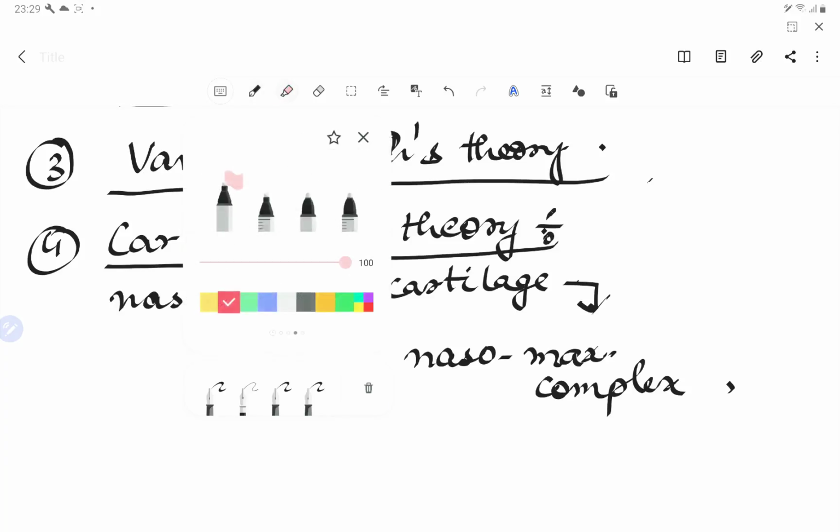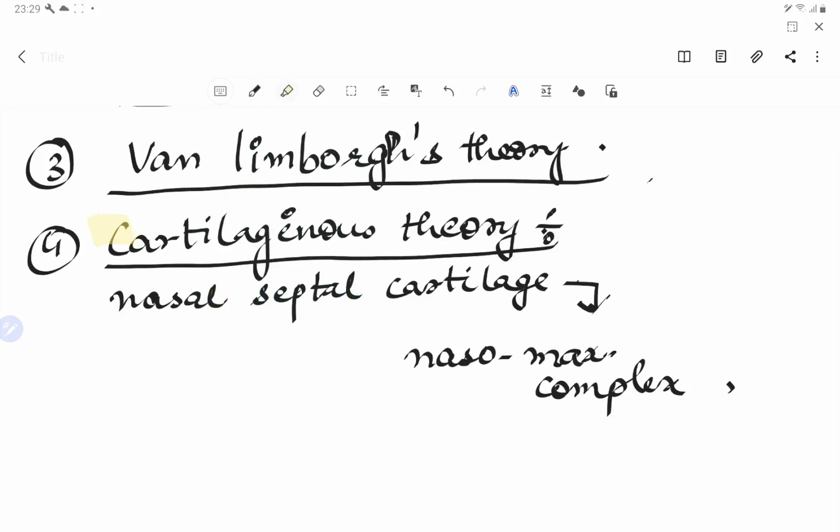So according to him, the cartilaginous theory stated that the nasal septal cartilage is the pacemaker for the growth of the entire nasomaxillary complex, and it was given by James Scott. All these scientists are also important.